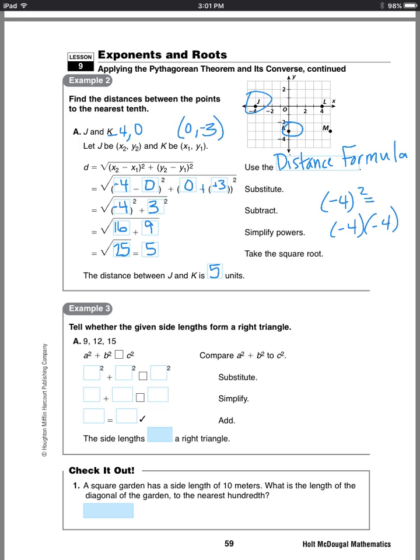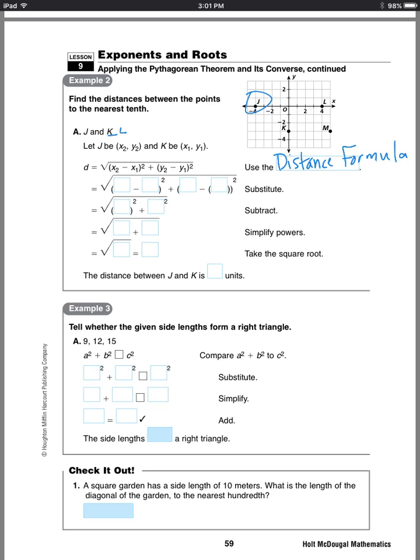If you want to do another one, because I think we probably should, we can look at L and M, okay? And we can say that L is at 4, 0. That negative sign means nothing.